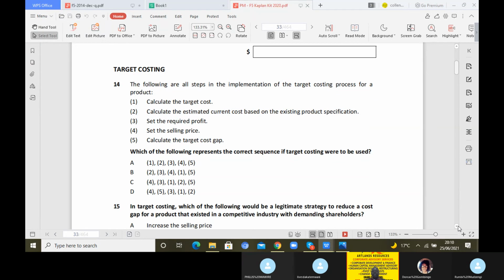The following are all steps in the implementation of target costing process for a product. Which of the following represents the correct sequence if target costing were to be used? Question number 14. Read the question there, read the steps, and tell me what the answer is.